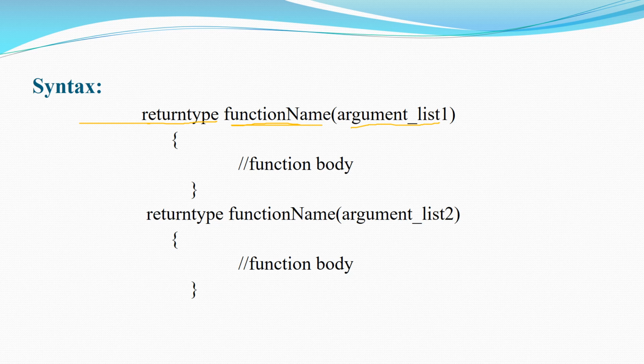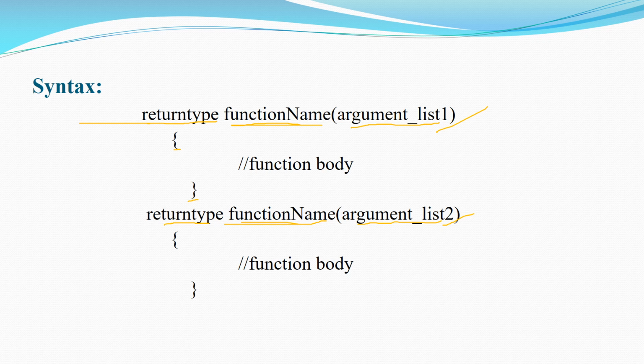In this syntax, I have created two functions, each with a return type followed by the function name and an argument list. Here we have list number 1 and list number 2, and the function body is opened by an open brace and closed by a close brace.